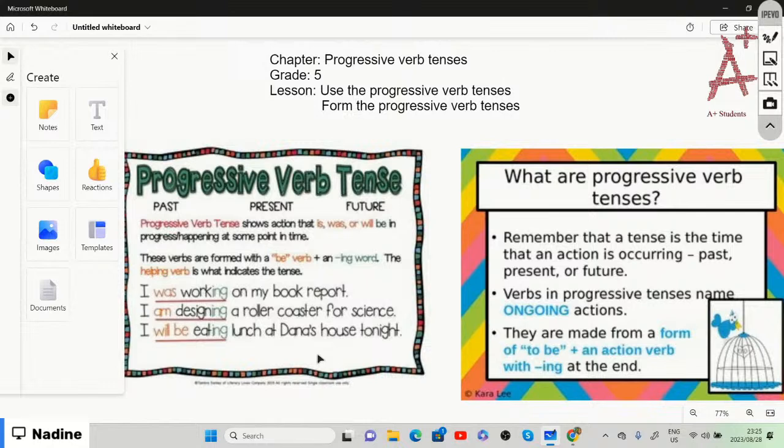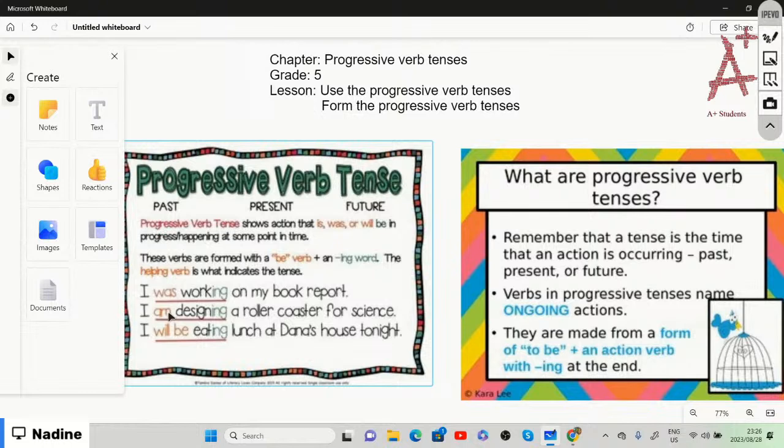And here we have a few examples. I was working on my book report, right? So was shows the past tense. And then we have our verb, work, with ing at the end, which shows the ongoing action. Then, I am designing a roller coaster for science.